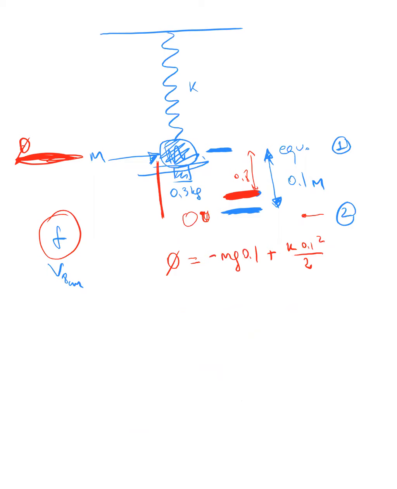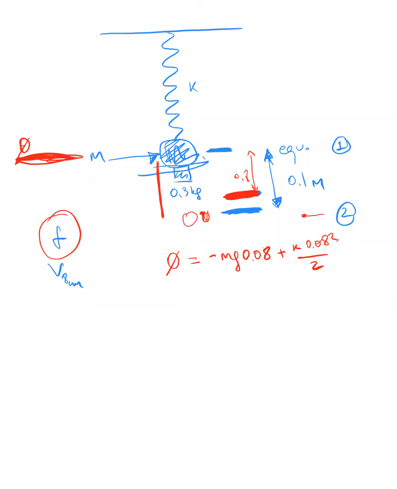But instead of mg times 0.1, I have mg times 0.08, because I'm now 8 centimeters below. I have some energy in my spring, which is K times 0.08 squared divided by 2.